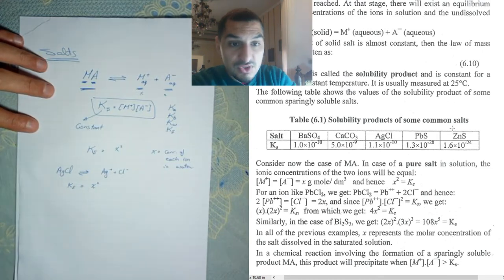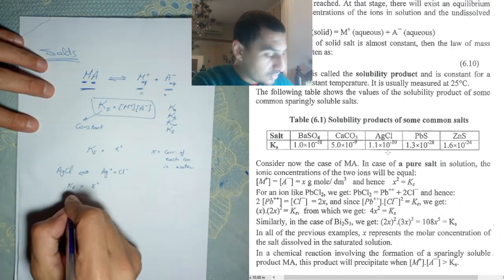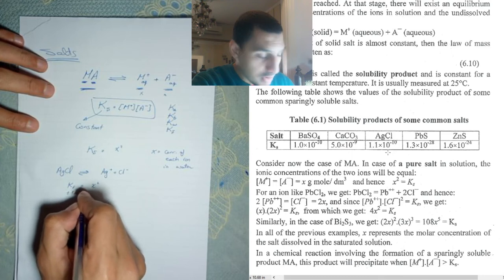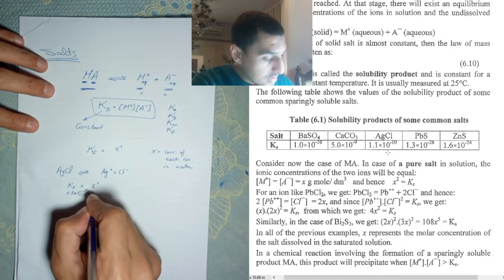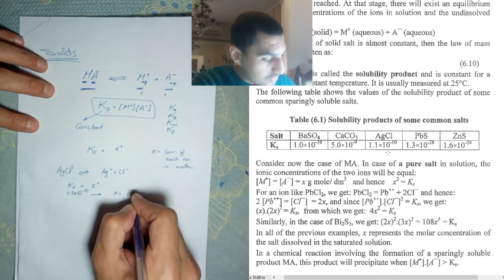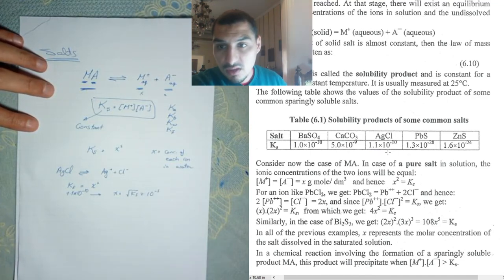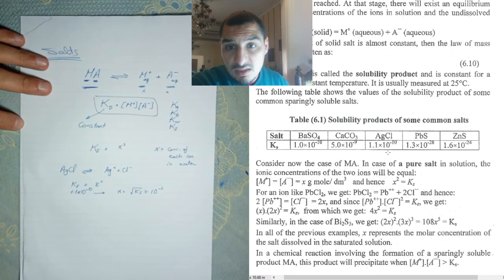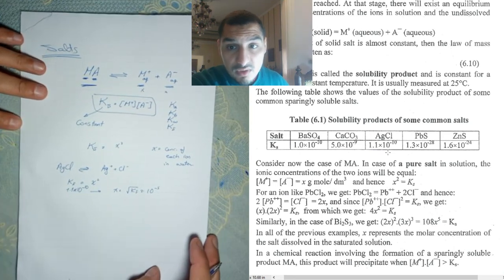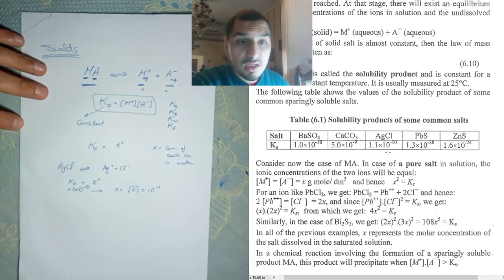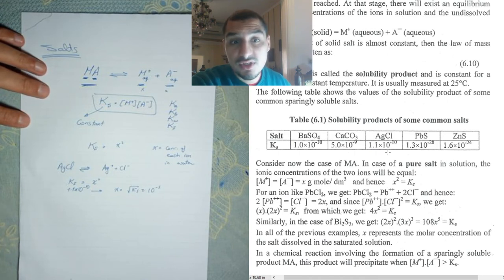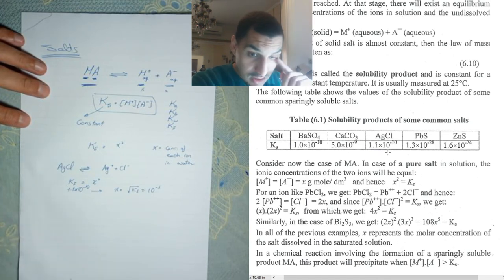If I know that for AgCl it's 1.1 multiplied by 10 to the minus 10, then X is going to be the square root of Ks, which is around 10 to the minus 5. So this is one thing that we can get, which is to know what concentration we will get when we dissolve this salt in water by using the solubility product.